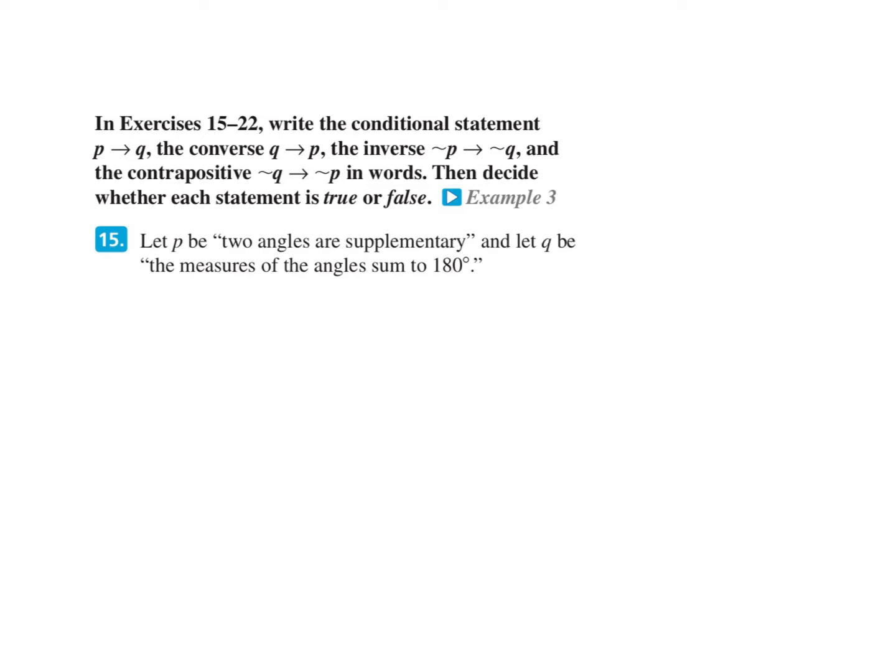All right, so just like what we discussed in class, the conditional first. Let P be 2 angles are supplementary, and let Q be the measures of the angles sum to 180.